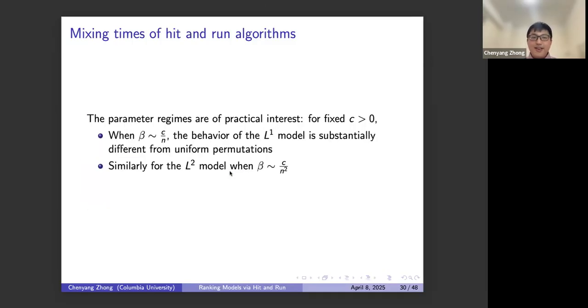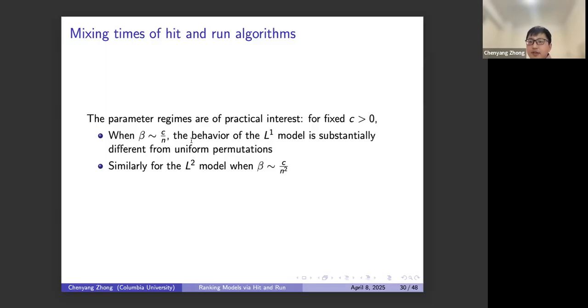Okay, and here I want to say that the parameter regimes that we have shown in the mixing time results are actually of practical interest, because if we fix a constant C and beta scales with n, where n is the size of the permutation, this kind of scaling, beta of order C over n, is actually of practical interest.